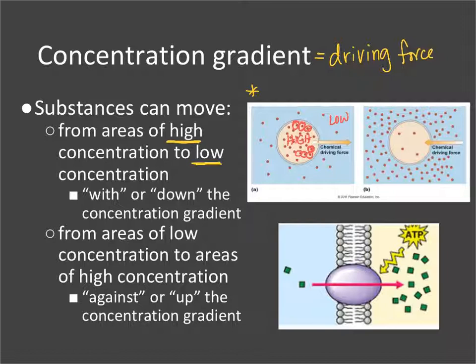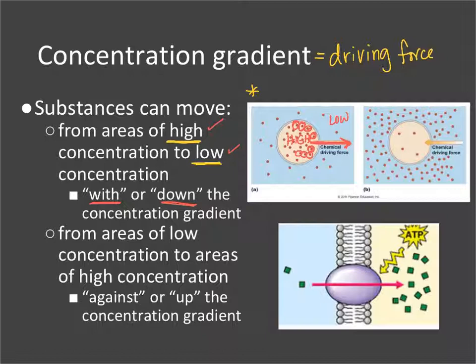And so as these molecules start to move from the high concentration area to the low concentration area, we say that they are moving down or with the concentration gradient. So it means that they're going from high to low.